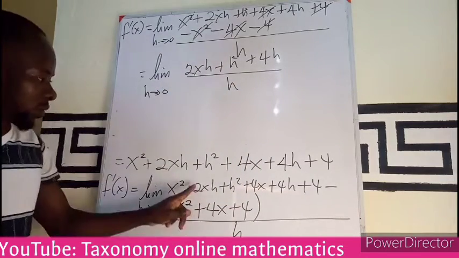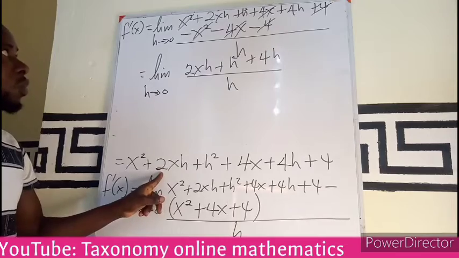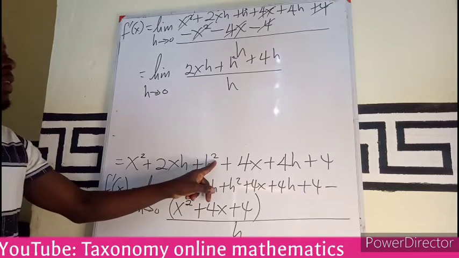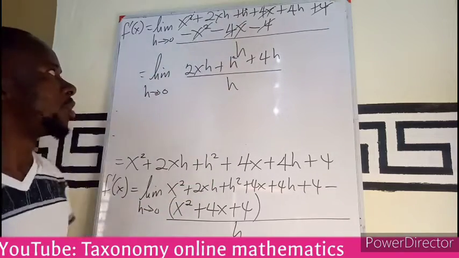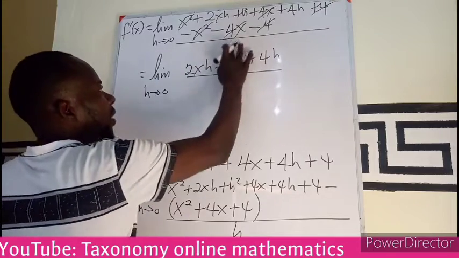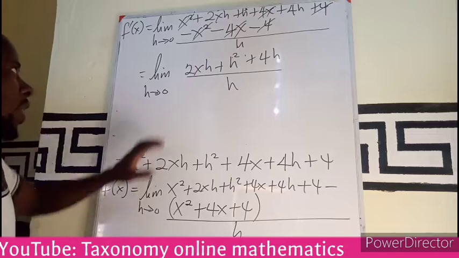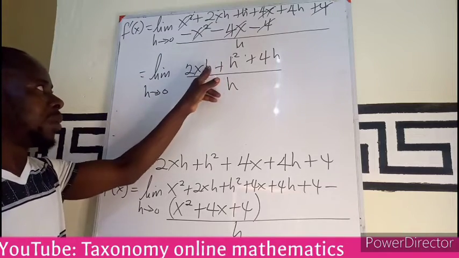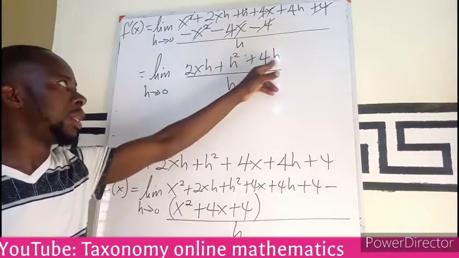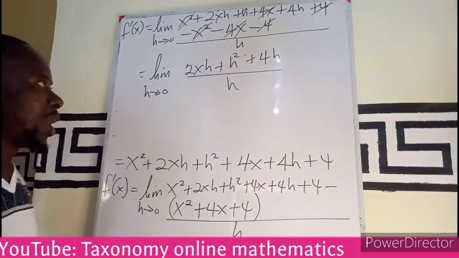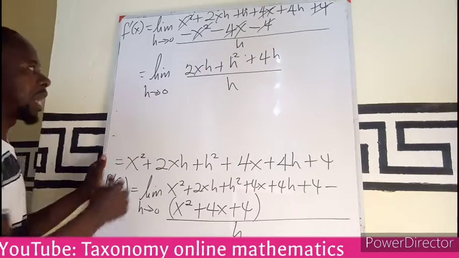This h is squared because from here we have the 2xh plus h squared. Alright. So if you look at this, you can see that there is a common term, h. We can also factorize the h out.